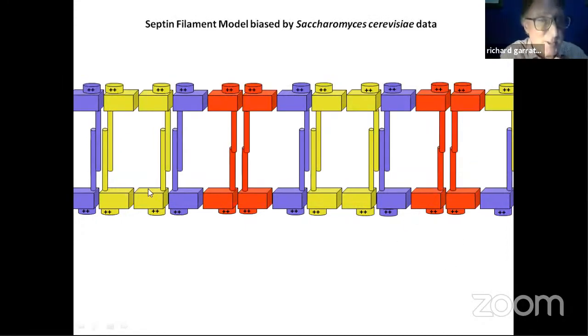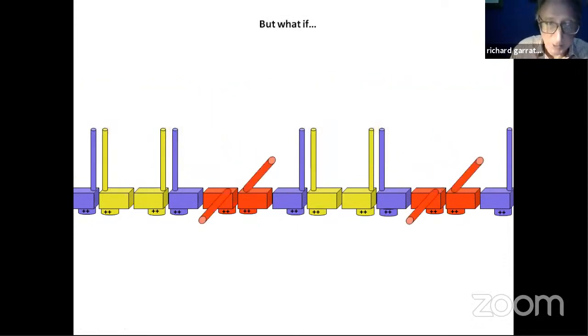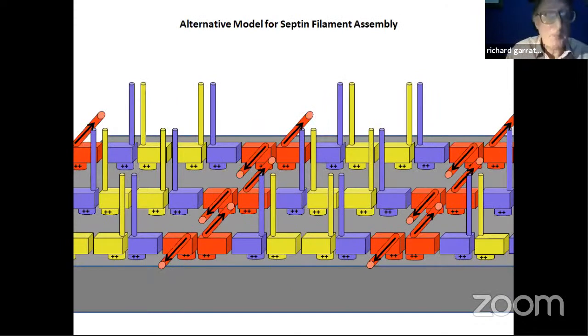What we suggest is that when a filament is forming, here you're seeing two paired filaments, but just look at the bottom filament. When a filament is forming, this red interface must come into existence. And for that, we expect to find parallel arrangement. But when these filaments start bundling up into higher order structures and sitting against membranes, then we can see that these helices could rotate by 90 degrees.